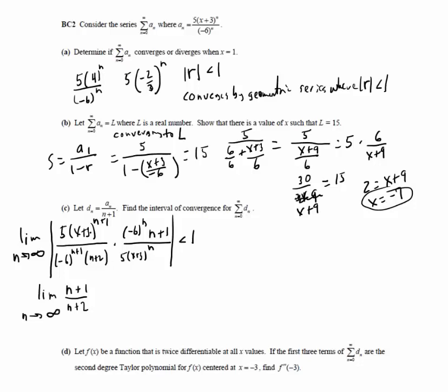Here I have (x plus 3) to the n plus 1 over (x plus 3) to the n. So this plus 1 means I have one more x plus 3 on the top. And remember, you only need to put the absolute value around the x term, and that'll be on the top. You have negative 6 to the n over negative 6 to the n plus 1. So you have one more negative 6 on the bottom than you do on the top.